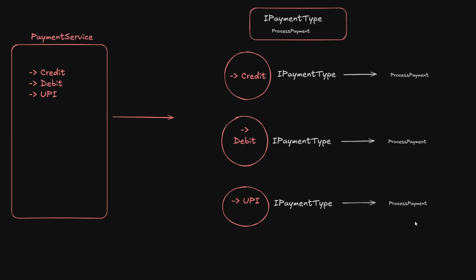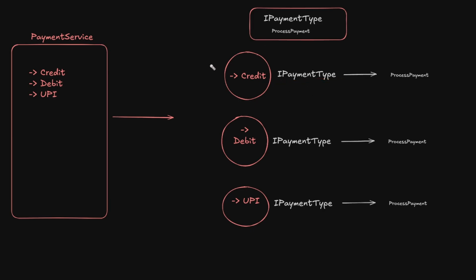Since all of these individual services are essentially doing the same thing, we have ensured that they will at least have this process payment in their body. They can have whatever they want apart from this process payment, but this process payment is definitely necessary as they are inheriting from the payment type interface.